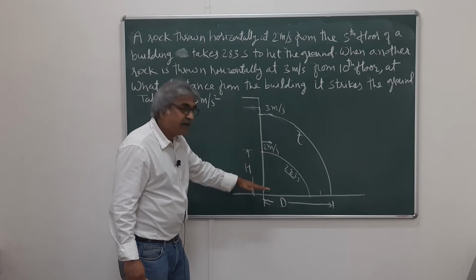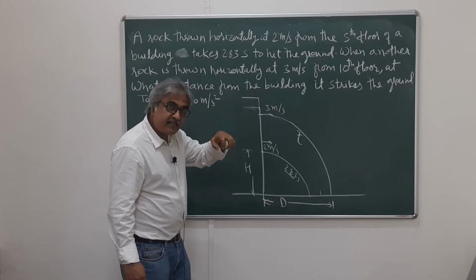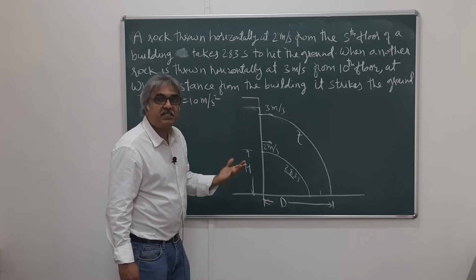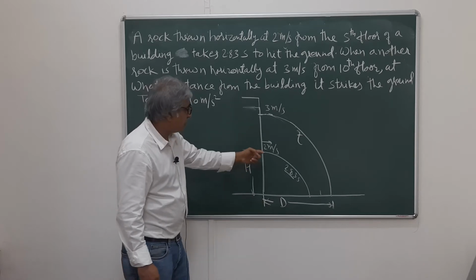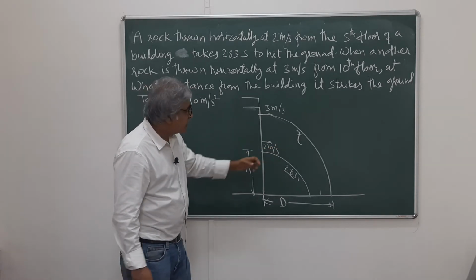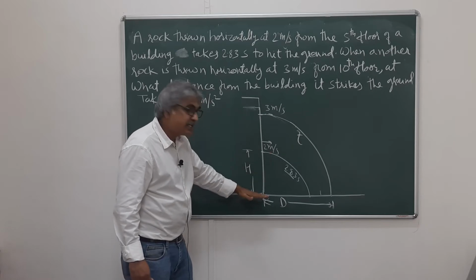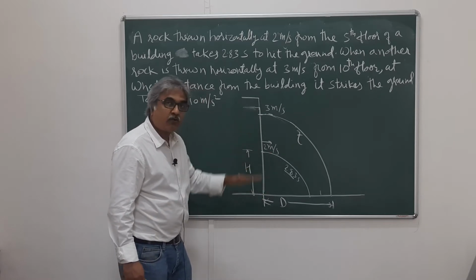So consider the vertical displacement. It's as if the stone is just dropped, that means its initial vertical velocity is 0, because it is thrown horizontally. It travels a distance of h downward.